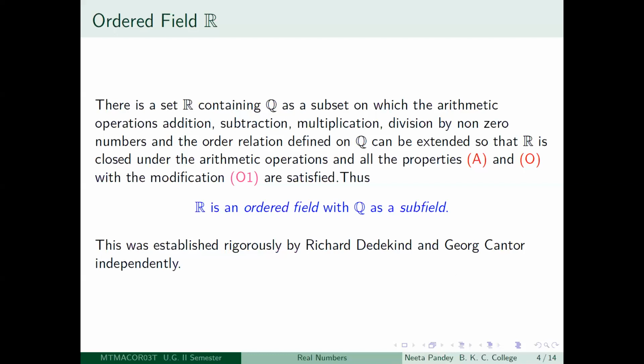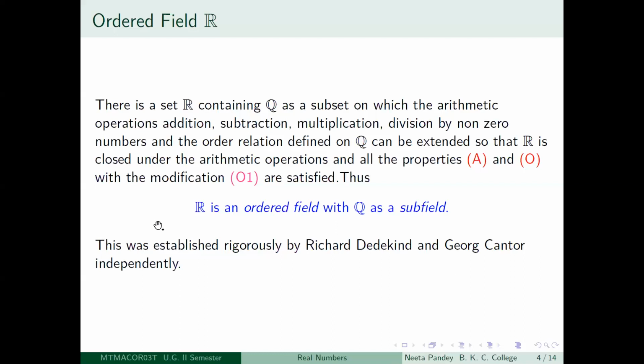I have not yet justified that the existence of such a set means that the particular line which we had drawn in the beginning of this lecture can be called a real line. This set R is the set of real numbers.